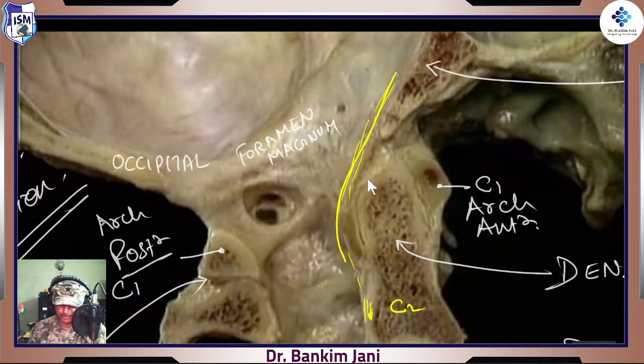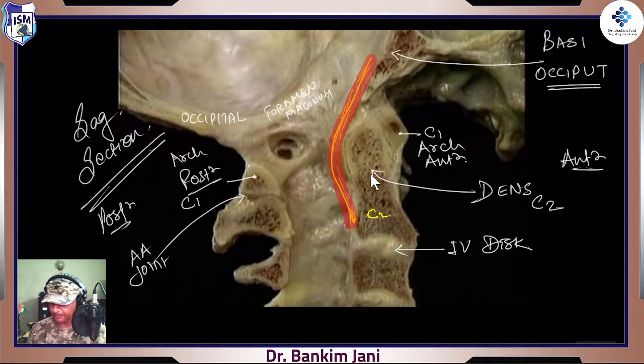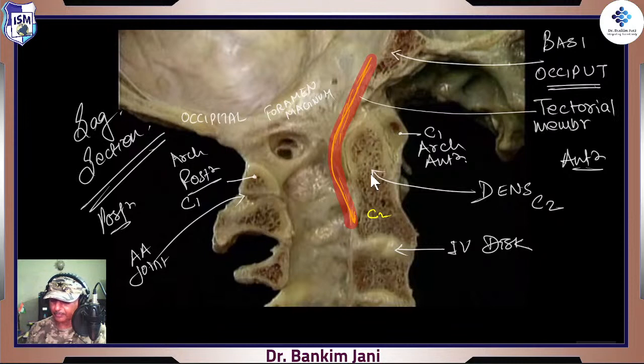This entire portion, this one, that one, that is the tectorial membrane. Basi-occiput to C2 body, body of C2.